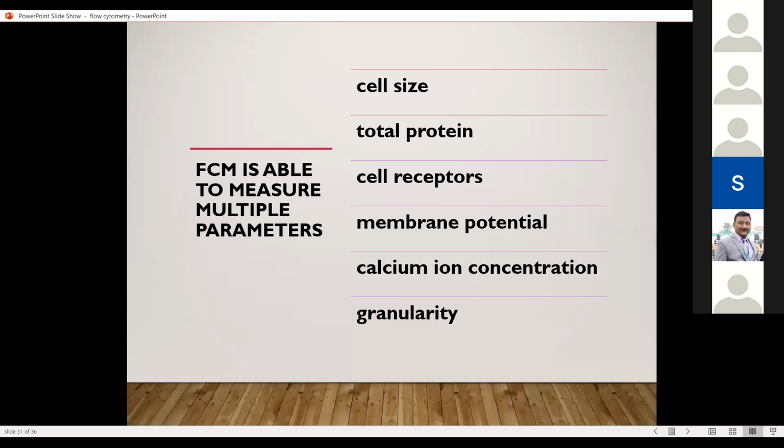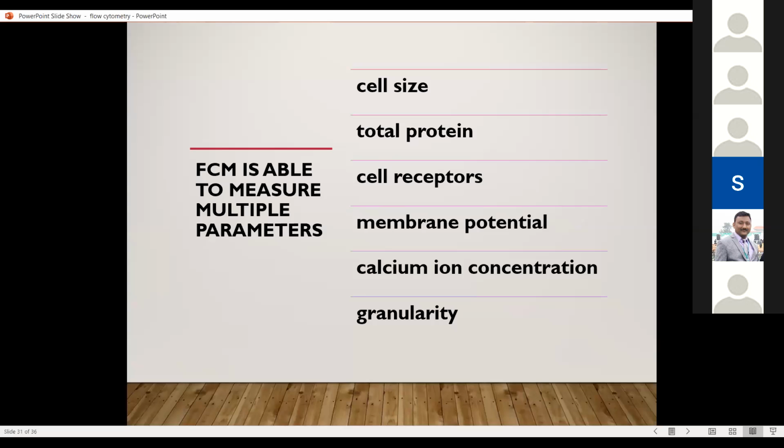Flow cytometry is also able to measure, as we already discussed, differences on the basis of cell size. We can differentiate on the basis of protein profiling in the cells, and cell receptors, as different cells have different cell receptors.